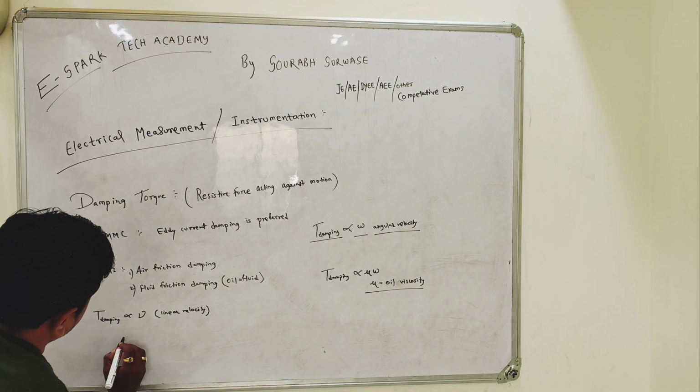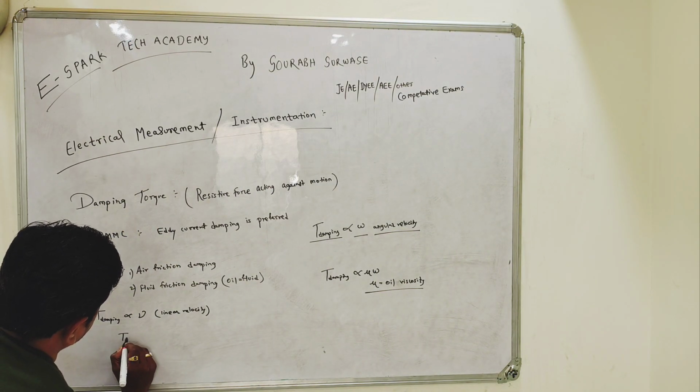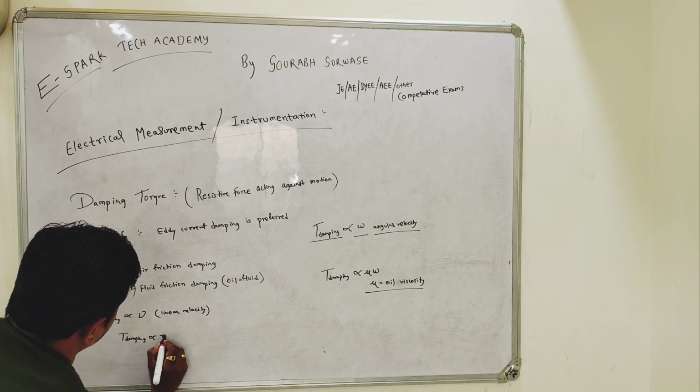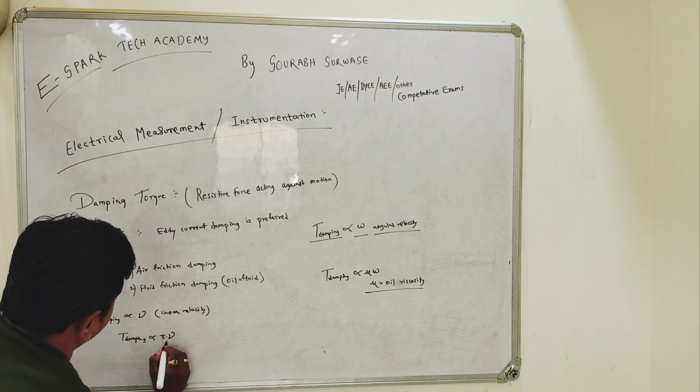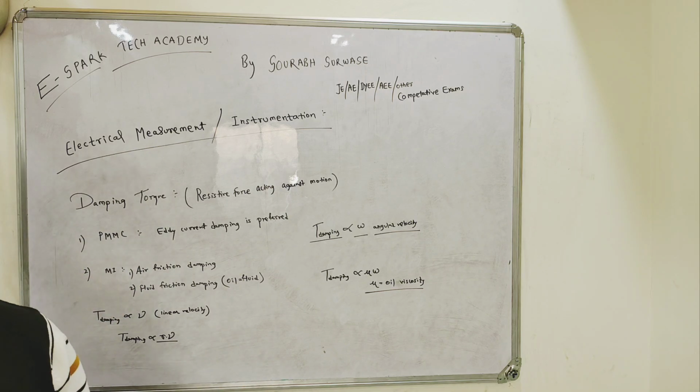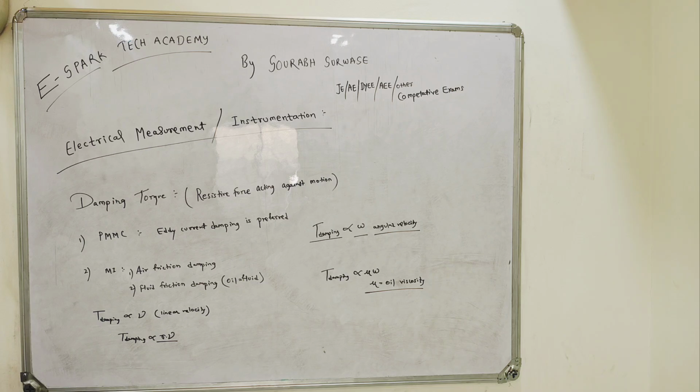That's why T damping will be proportional to R into velocity, R into omega.